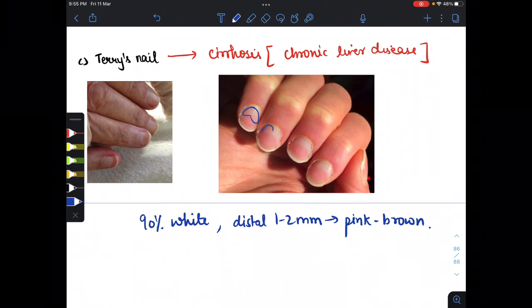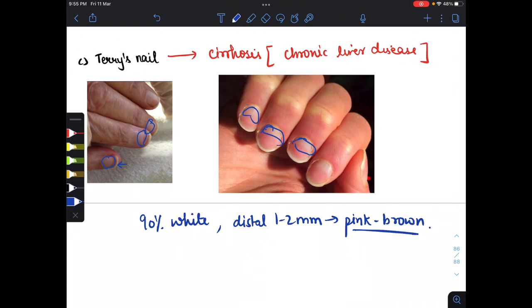As we see, this nail is 90% white, while the last distal 1 to 2 mm is pink or brown. This is the Terry's nail.